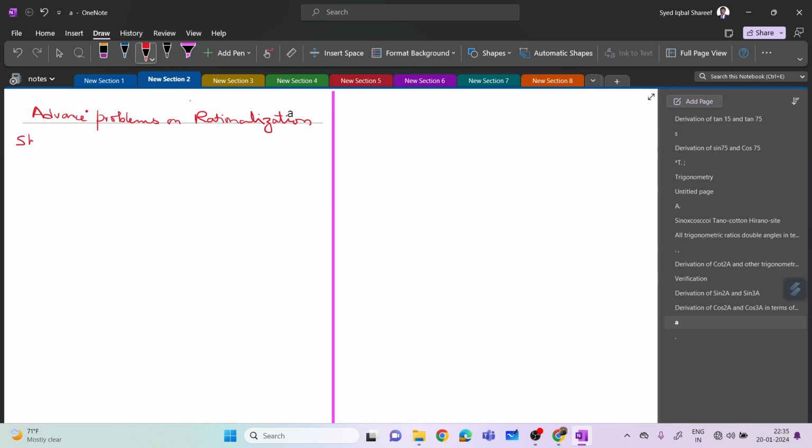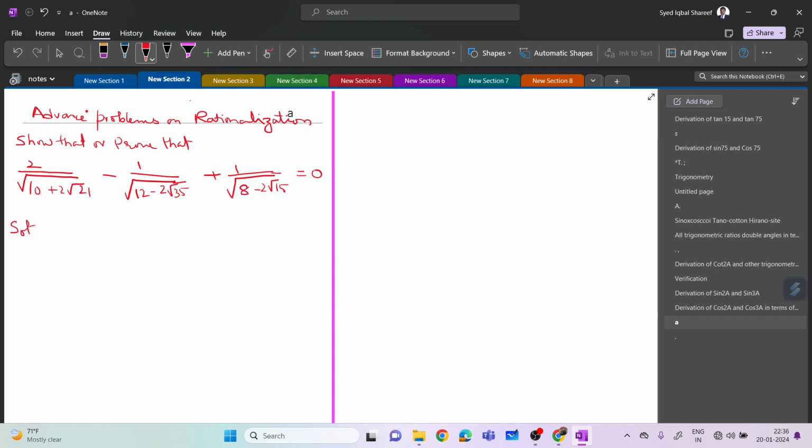Show, or prove, that 2 by the square root of 10 plus 2 root 21, minus 1 by the square root of 12 minus 2 root 35, plus 1 by the square root of 8 minus 2 root 15, is equal to 0. We have to prove this problem equals 0.